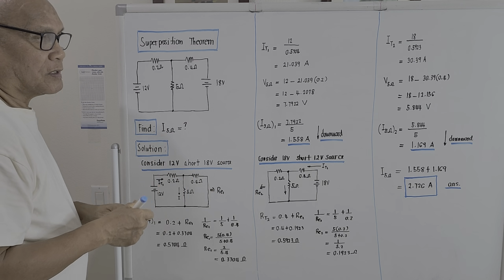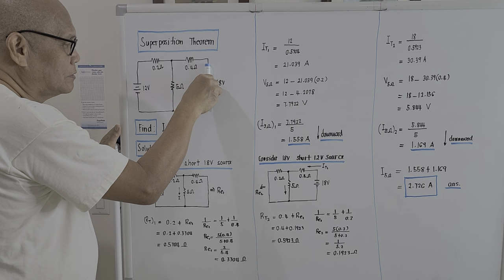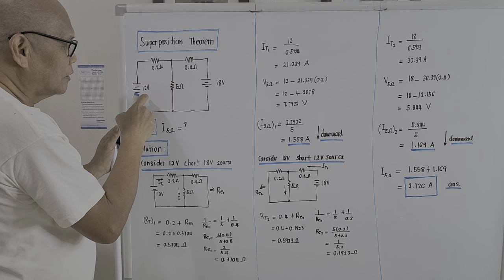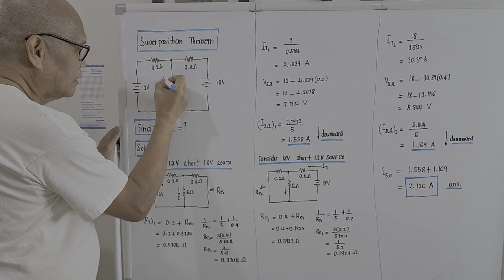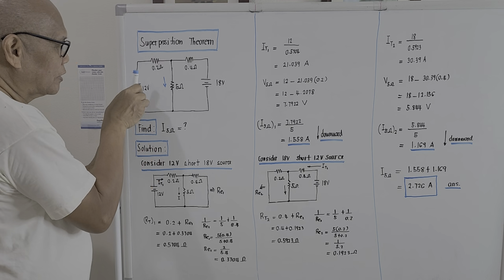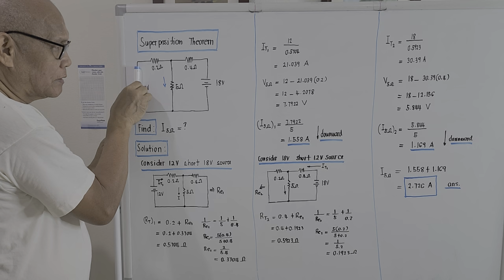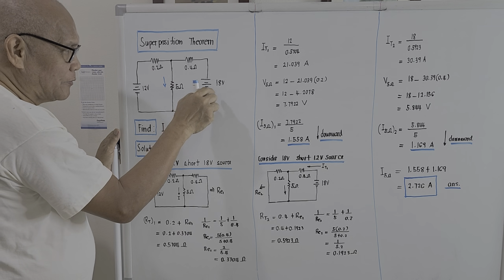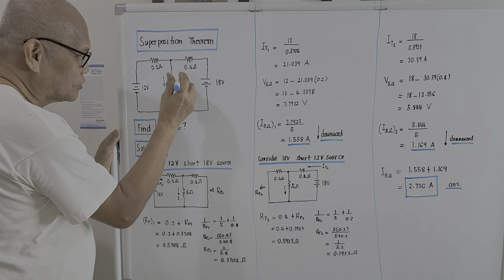If we try to short this one, the current delivered by the 12 volt source on the 5 ohm load will be in the downward direction. And if we short out the 12 volt source, for sure the current coming out from the 18 volt source passing through this 5 ohm load will still be downward.